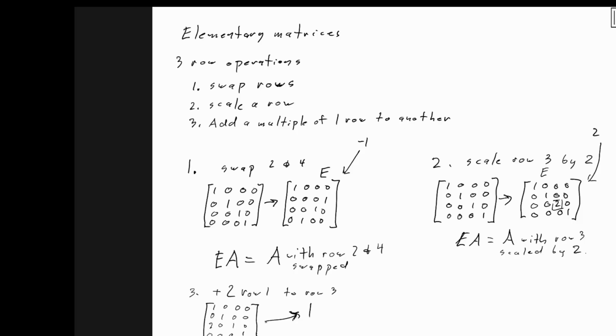What this means for us is if you want to calculate the determinant of a matrix in a more efficient way, you can take any matrix A and reduce it to echelon form.